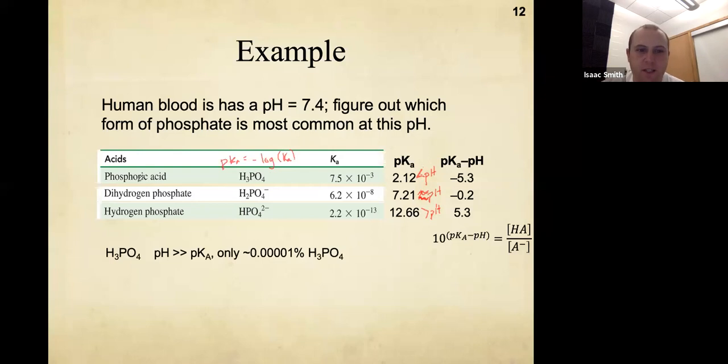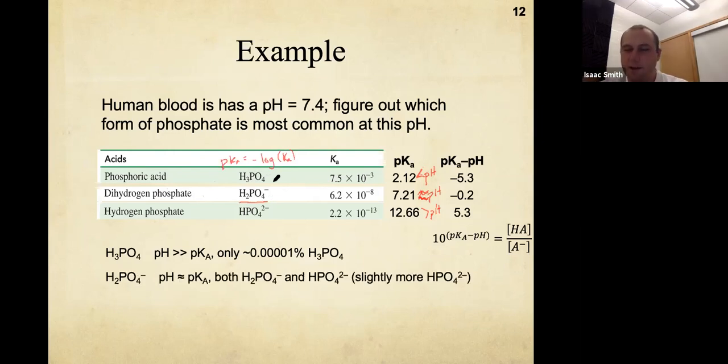So if you're looking at phosphoric acid, you can see that the pH is much greater than that pKa. So that tells us that mostly the deprotonated form, or the conjugate base form of phosphoric acid is present, okay? And the conjugate base of phosphoric acid is going to be dihydrogen phosphate, okay?